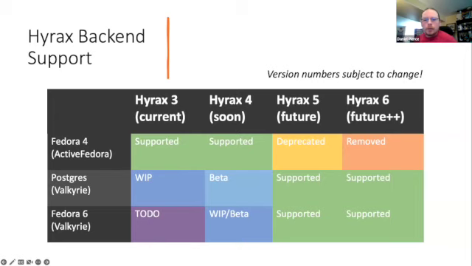That's going to continue to be supported in Hyrax 4. And it will still be around in the next major version of Hyrax, which is Hyrax 5, presumably, if there's no other major releases needed. But we would start deprecating its support at that point, with the intention to have it fully removed in a later major release.